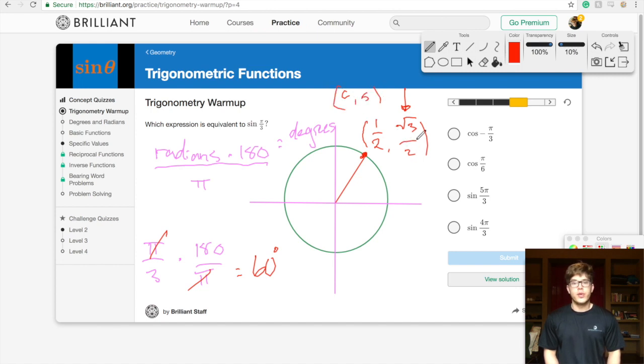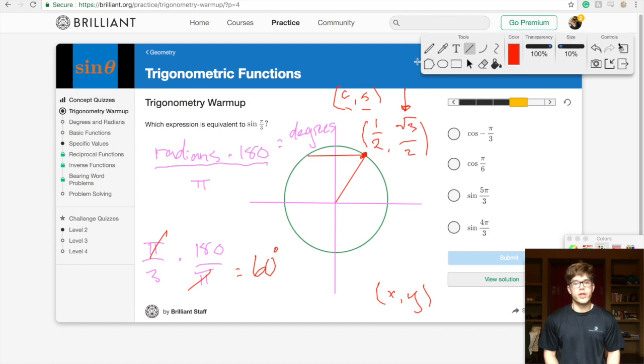And so when will we also have another root 3 over 2? Well, sine is in what value? It's the y value, right? We have our coordinates. Our coordinates are x comma y. Our coordinate is cosine comma sine. So when do we have another y coordinate that shares this position? Right here.